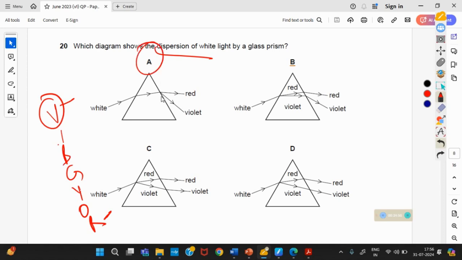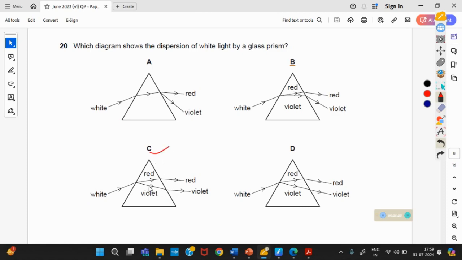In option A, when the light crosses the surface of the prism and enters a different medium, it should break into different components. But it is not the case in A, so option A is not right. In option C, when light passes from prism to air, let's draw a normal to the surface. Light must go away from the normal, because if light passes from a more dense to a less dense medium, the light should go away from the normal, but this is not the case in option C.